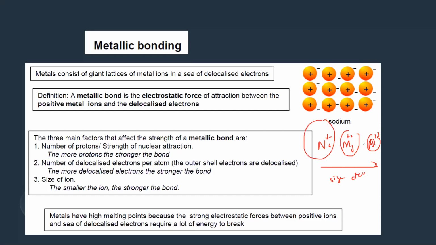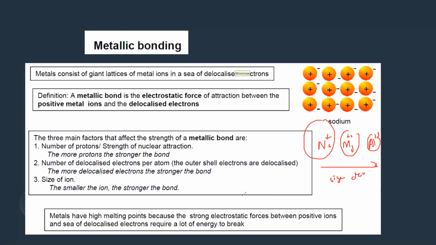So which one do you think has the stronger metallic bond? Sodium, magnesium, or aluminum?